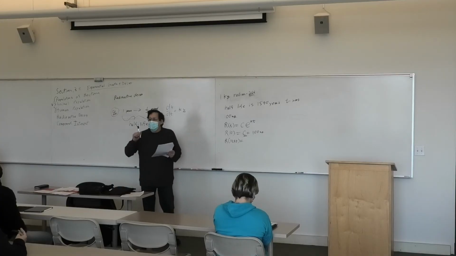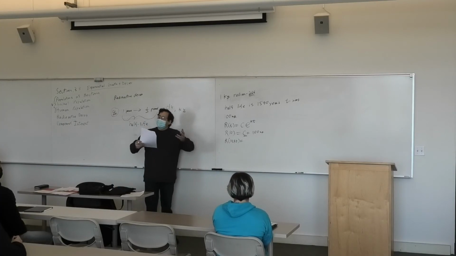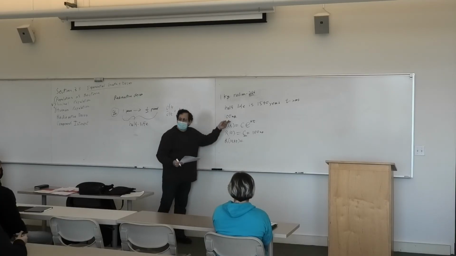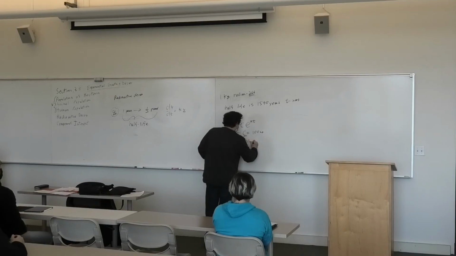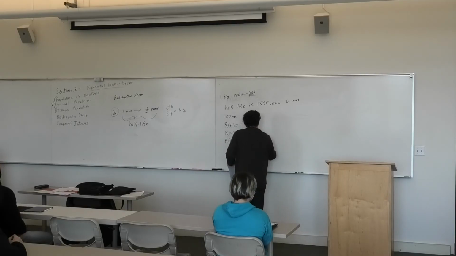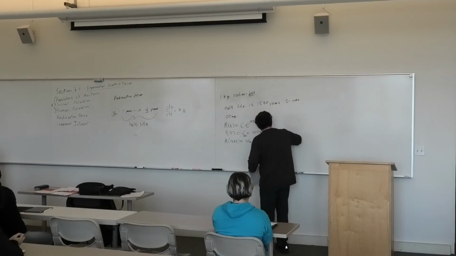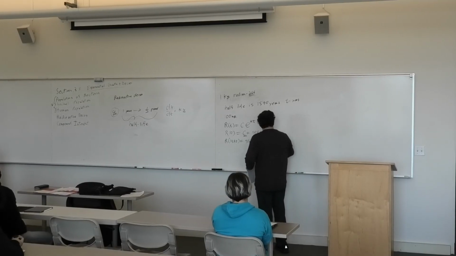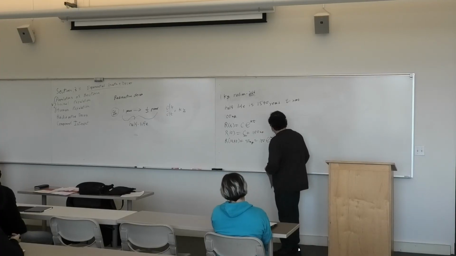That was a 99.999% answer, but I would have loved you if you had said 50 milligrams. That's 50 milligrams, which is 100 times e to the kt. We know t is 1590 years, so we can solve for k here.